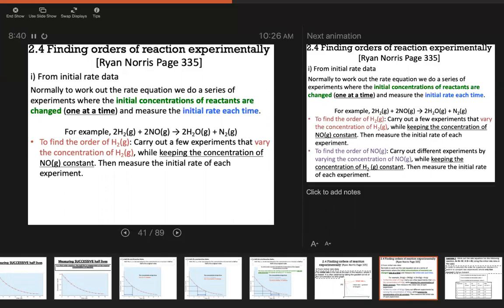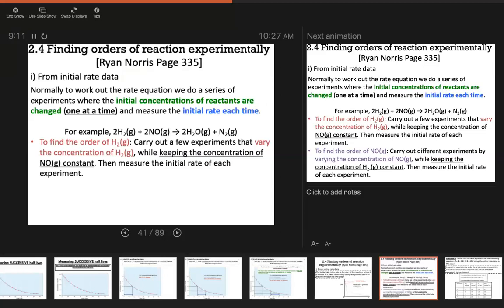So you do the first experiment, you start with a certain amount of hydrogen and a certain amount of nitrogen monoxide, and then you measure the rate. Then you carry out a second experiment, still using the same reaction, but this time you change the concentration of hydrogen. The easiest way is to double the concentration of hydrogen, and you keep the concentration of nitrogen monoxide constant.